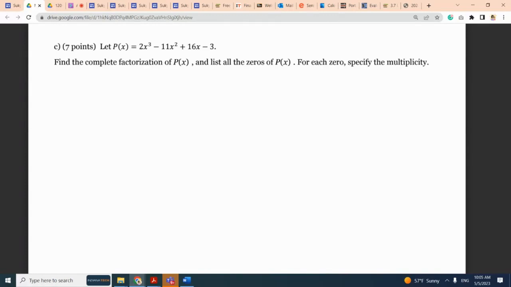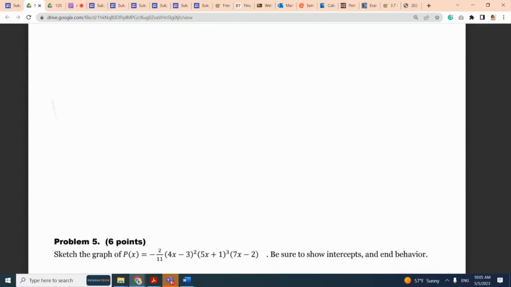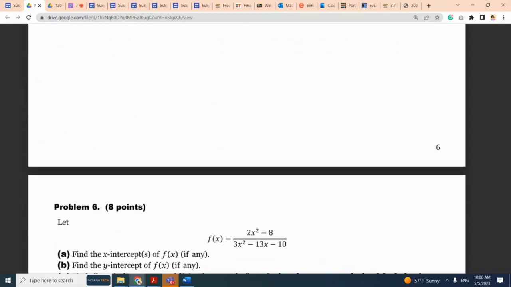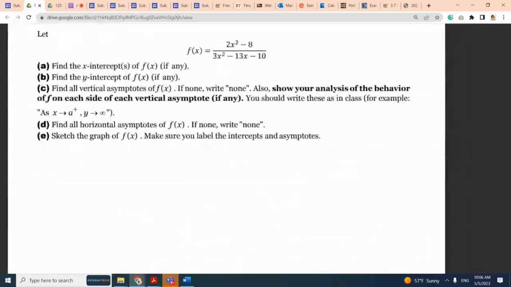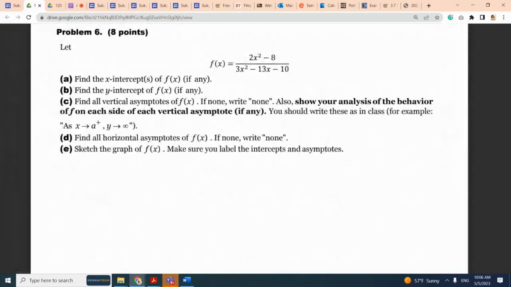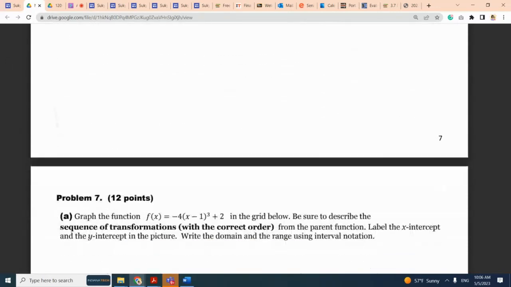Okay, everybody? Exam 2. And this one, graph the polynomial function, exam 2. Here, draw the rational function. This is exam 3, right, everybody? You just had this problem on exam 3.